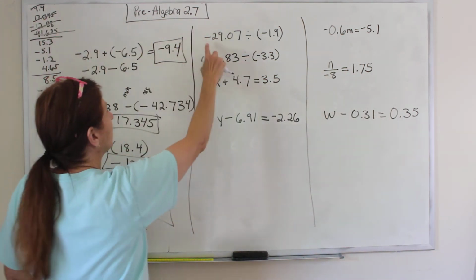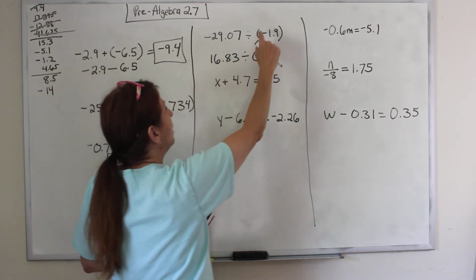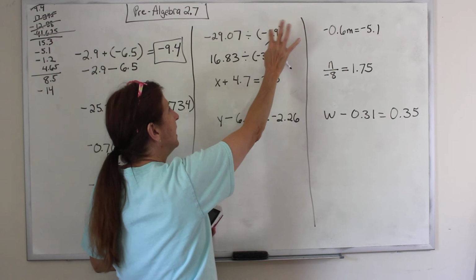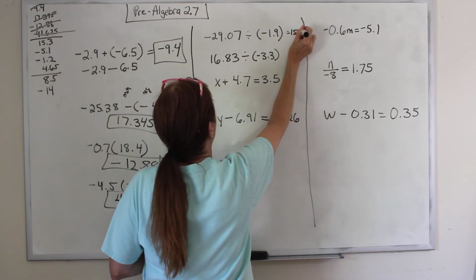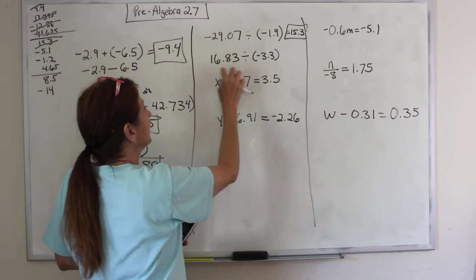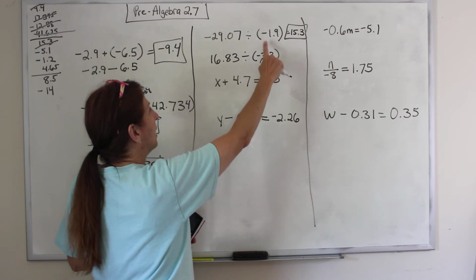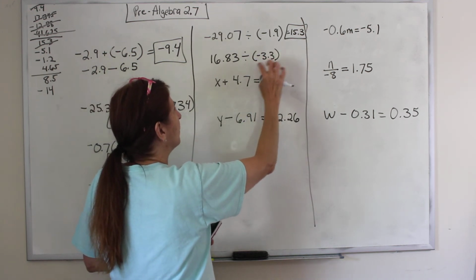All right, so here's another one. Put in your calculator like this, negative 29.07 divided by, beginning parentheses, negative 1.7, it equals 15.3. Put a box around it. 16.83 divided by, beginning parentheses, negative 3.3.